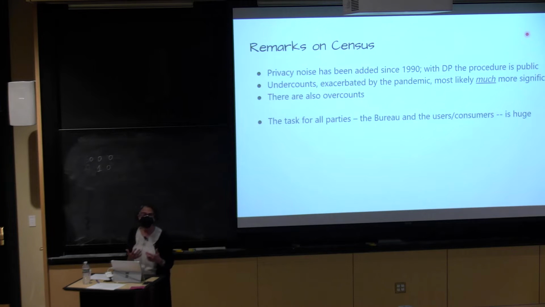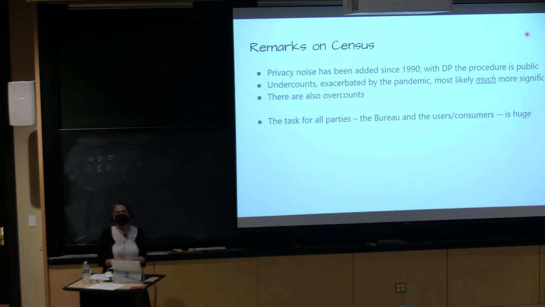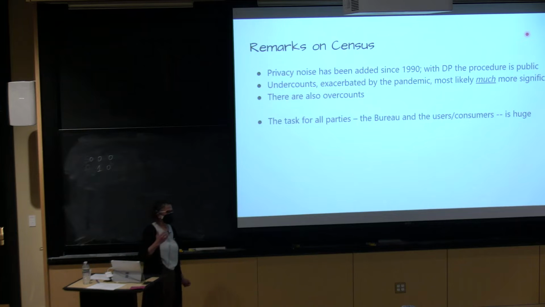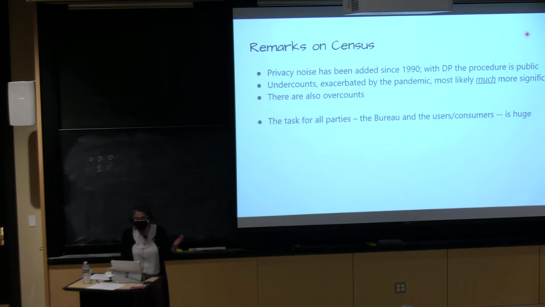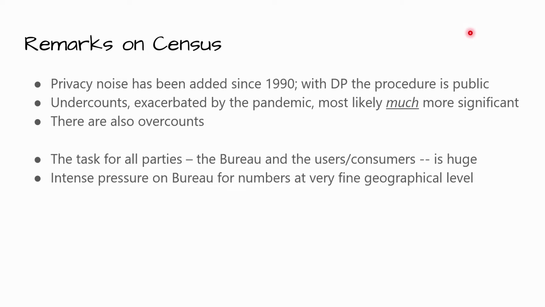People don't know how to think about numbers that have been intentionally perturbed. You can ask me more about that. The hurdle to actually doing valid statistical inference in this kind of a setting is just enormous. And there's a huge effort that's needed, and it isn't done. It hasn't been finished. Though there's some very nice work that I just found from MIT recently on this kind of thing.